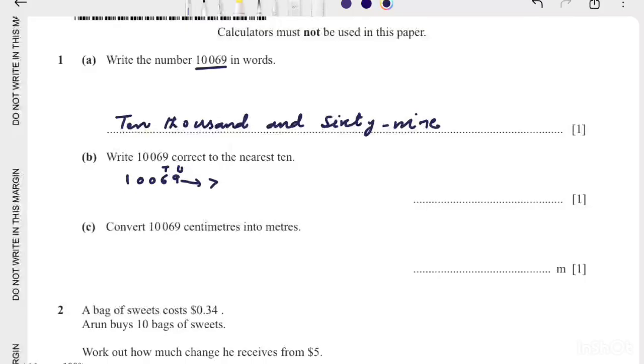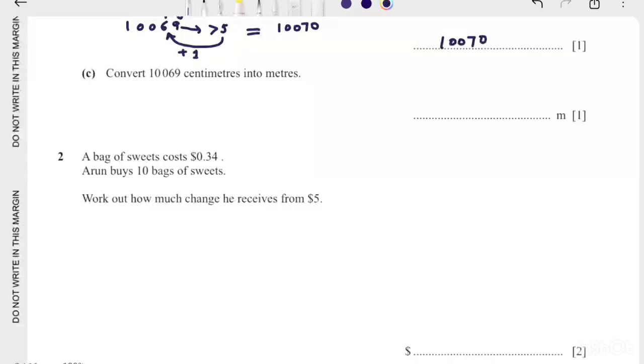This number is greater than 5, then we are going to add 1 to the previous value. So it will be 10070. This is the answer.